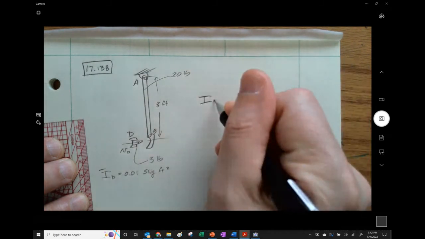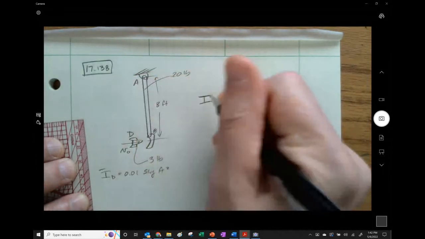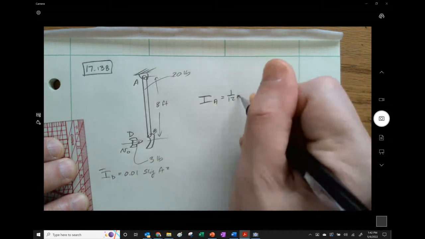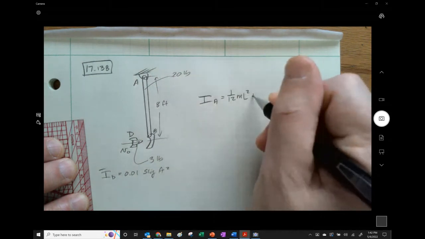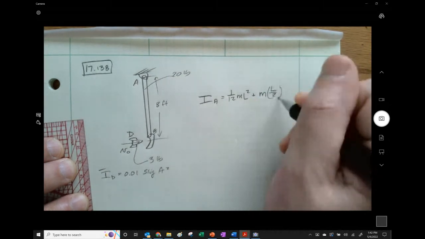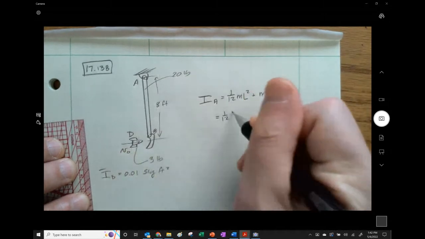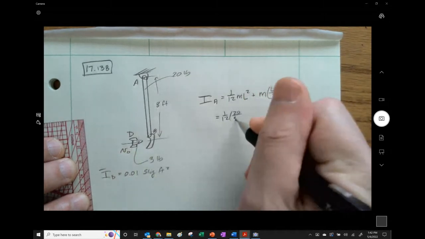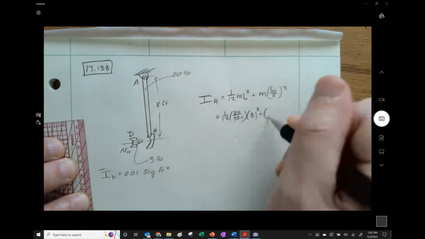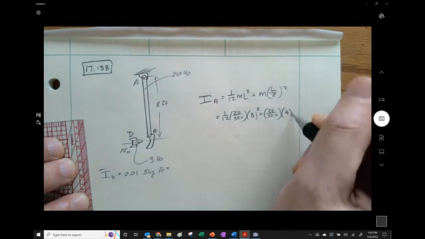The I of B, let's actually take this about A, a little easier. We can go 1/12 mL squared plus m times L over 2 squared. Taking it about A makes it just a little easier. His mass is 20 divided by 32.2, and the length is 8 feet.